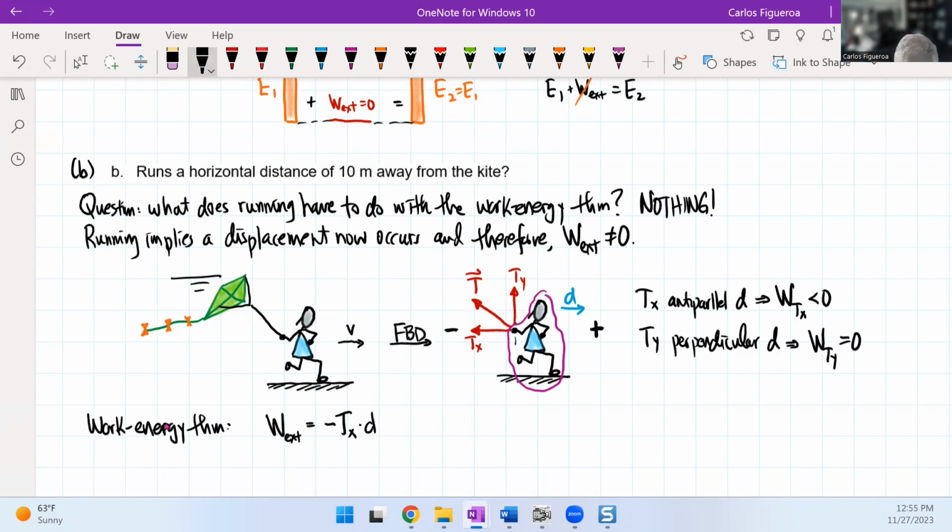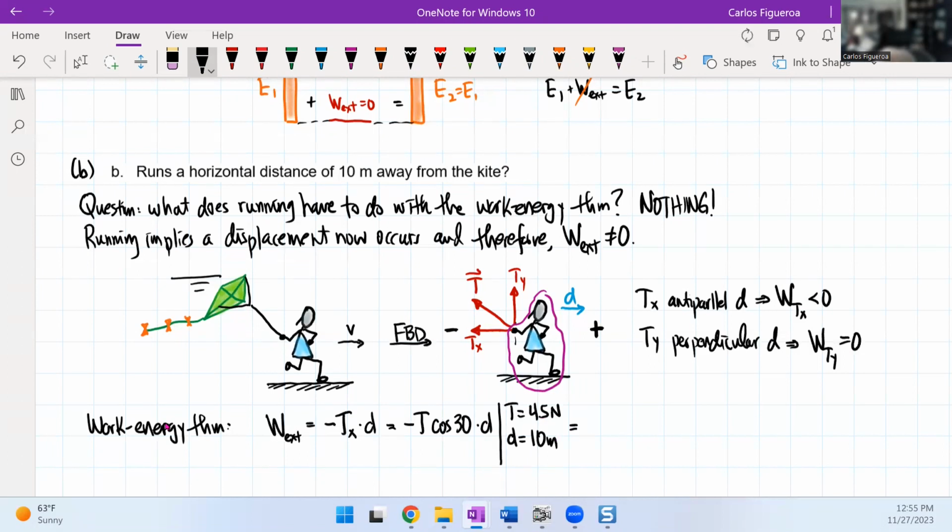So I know that this has to be minus T cosine of 30 times the displacement. And in this case, they tell us a couple of things. We know that the tension is 4.5 newtons, and the displacement is 10 meters.